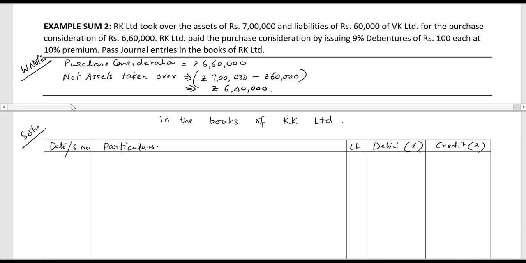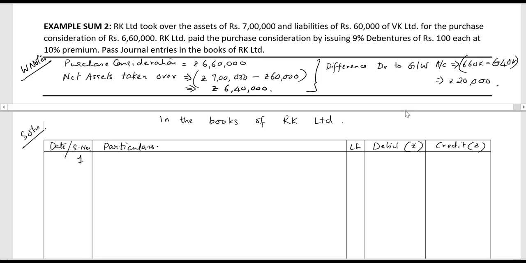Since the purchase consideration of 6,60,000 is greater than the net assets taken over, rupees 6,40,000, the difference is to be debited to goodwill account. And the difference is rupees 6,60,000 minus 6,40,000, which is equal to rupees 20,000.